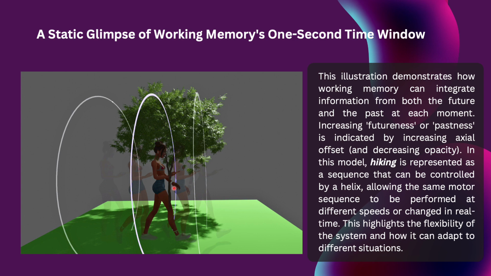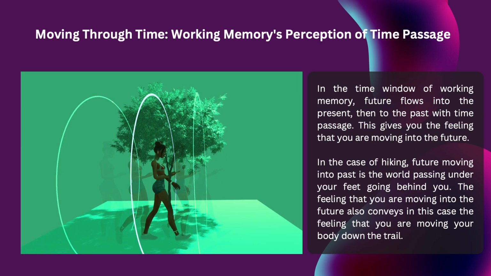So you can use the real-time sensory input from your eyes that's coming back and telling you, hey, what did this action that I just sent out actually do? So the idea of a flowing time window is basically the same thing as working memory. It's the brain's perception, or conscious perception, of time passage.